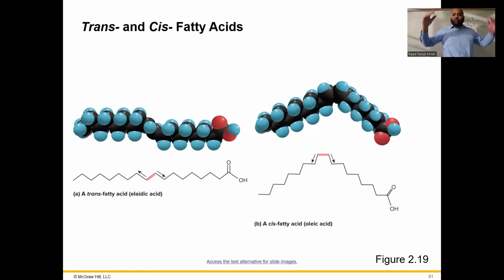But the cis is when they both point in the same direction. Do you see the red? In cis fatty acid, both of them are pointing upward or pointing downward. You see now? In cis, both are pointing in the same direction. In trans, one is pointing down, the other one is pointing up. Is that clear?